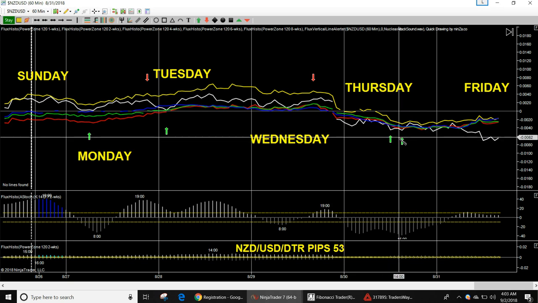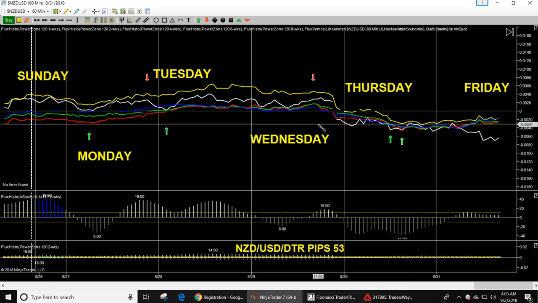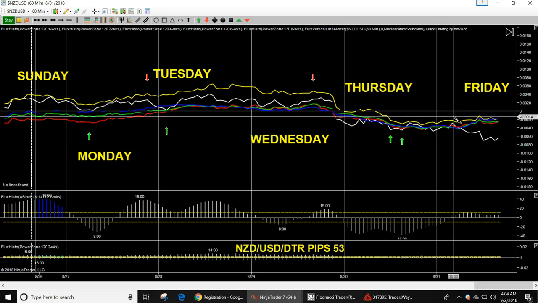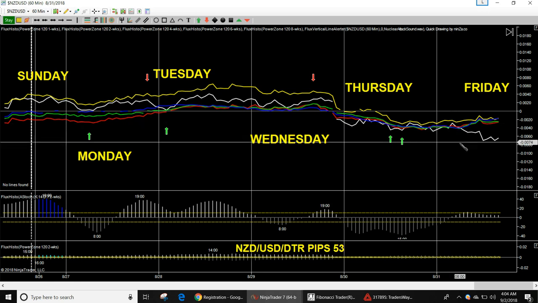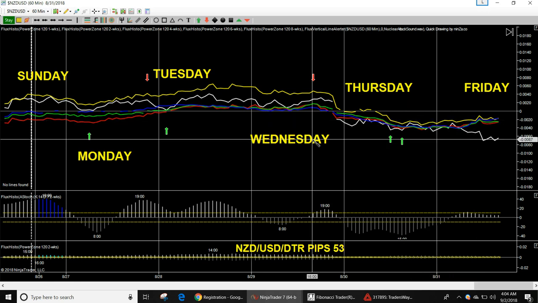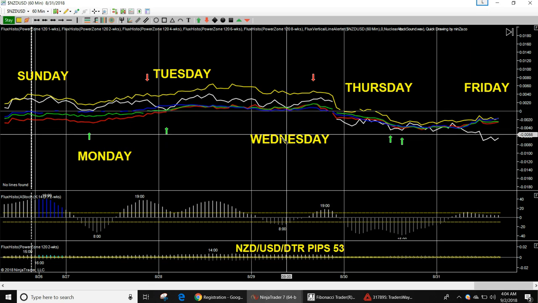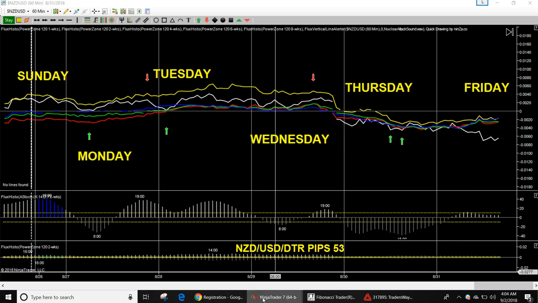And yeah, about 1500 on Thursday with the exit short. It looks like sideways action. Looks like it does go down here, 4 a.m. in the morning, but I would leave this alone. It's a little unclear on Friday on the New Zealand US dollar.